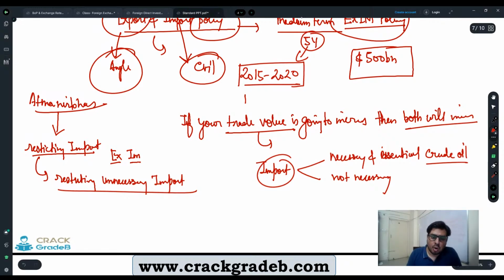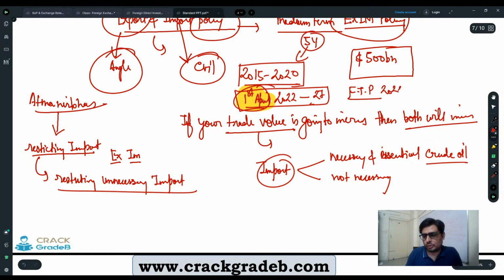Finally the government of India has promised that on 1st April 2022 they will unveil the new export import policy from 2022 to 2027. On the 1st of April, the government of India is going to come with the new foreign trade policy, in short FTP, for 2022 to 2027.